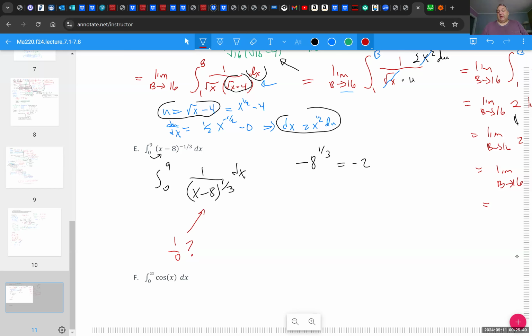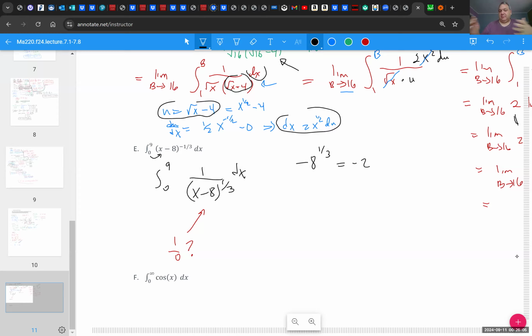So what would the number for x be in order to make that a divide by 0 problem? Well, actually, that would have to be 8. If x is 8, we have 8 minus 8, which is 0, and we would have 1 over 0. And 8 is in the interval from 0 to 9, so somewhere hidden in there is definitely a problem when x equals 8. So we need to use a limit here.